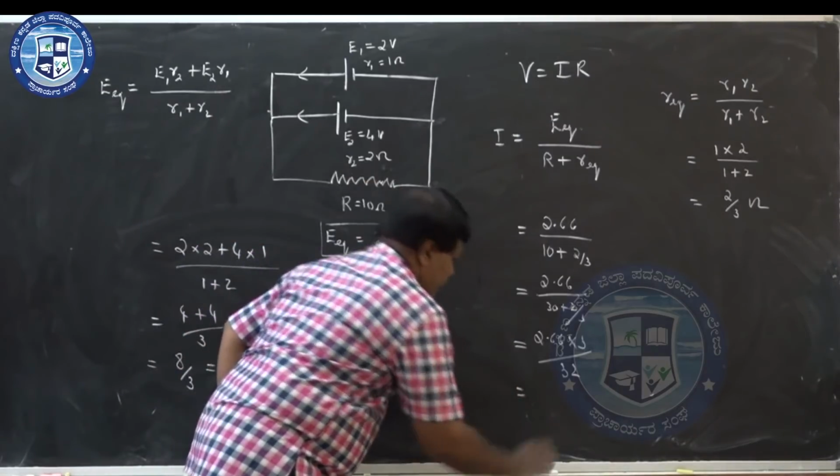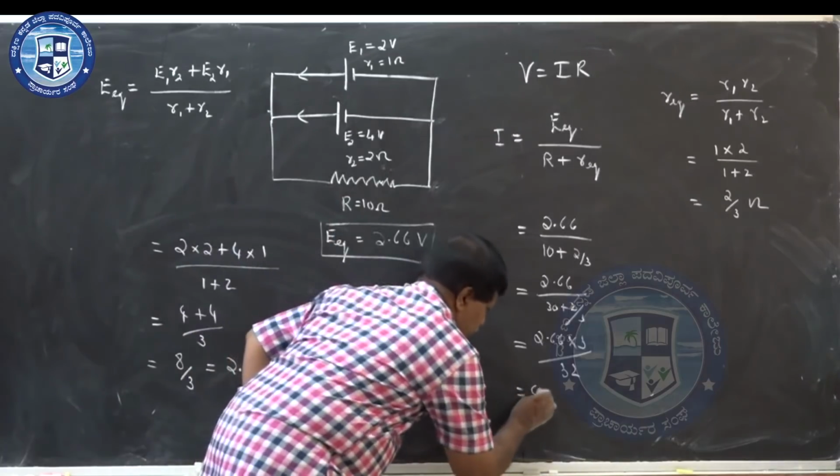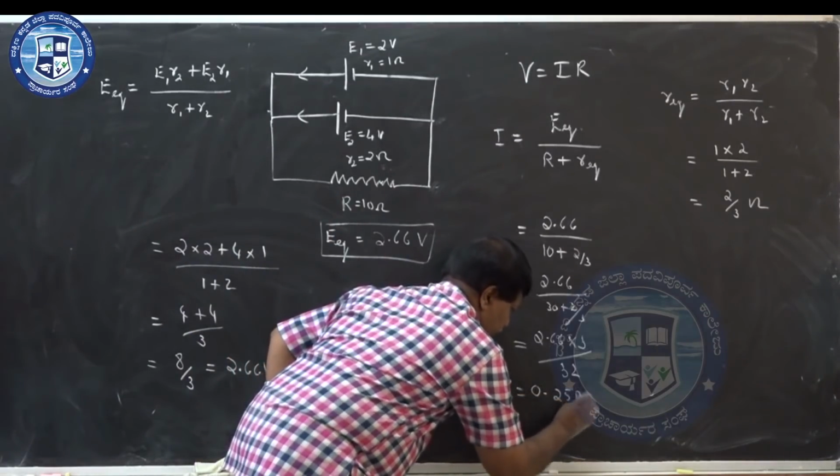So we get the current in the circuit I equal to 0.25 ampere.